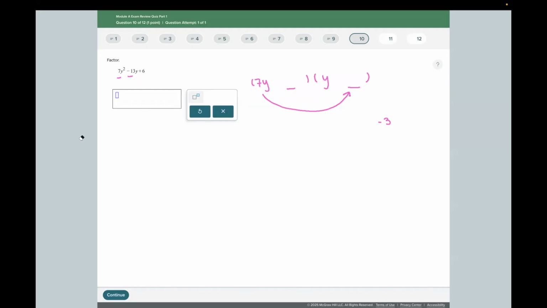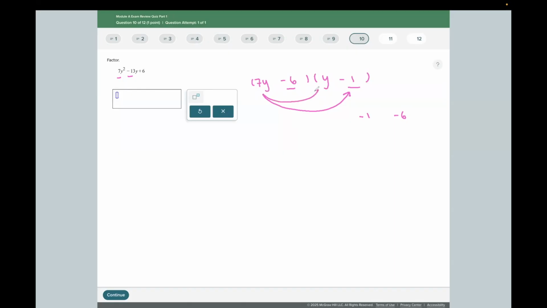It's positive 6, so we're going to need 2 negative numbers. So let me think. What if we did, let's try negative 1 and negative 6. So let's say I had negative 1, negative 6. Now, I need negative 13. Let's do negative 1 here because I'm going to multiply by 7. And let's try negative 6 here.